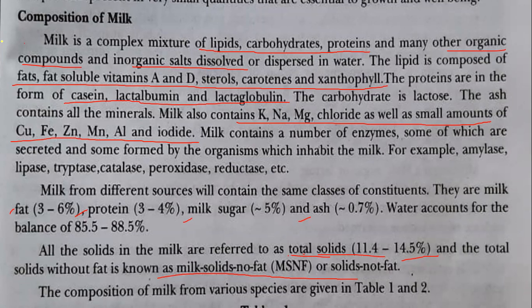Proteins are in the form of casein, lactalbumin, and lactoglobulin. The carbohydrate is lactose. Ash contains all minerals. Milk also contains potassium, sodium, magnesium, chloride, as well as small amounts of copper, iron, zinc, manganese, aluminium, and iodine.